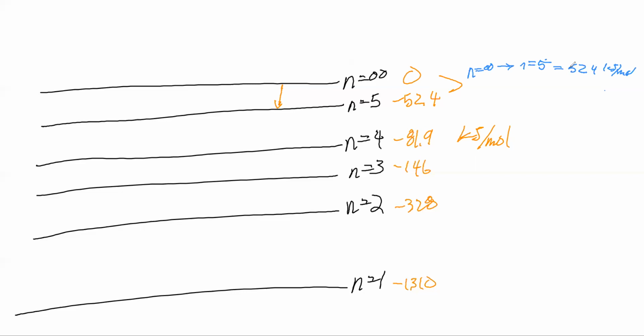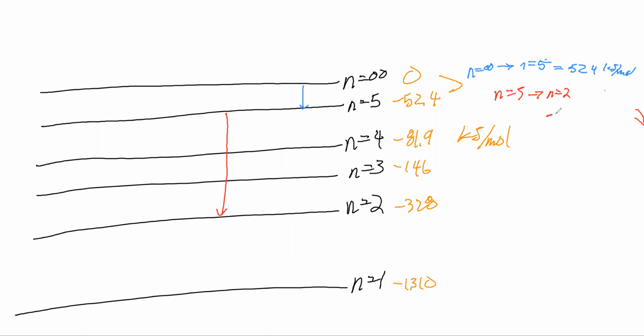Actually here, we're lining up these colors a little bit. If I went from n equals 5 to n equals 2, then I would have a transition of our energies.